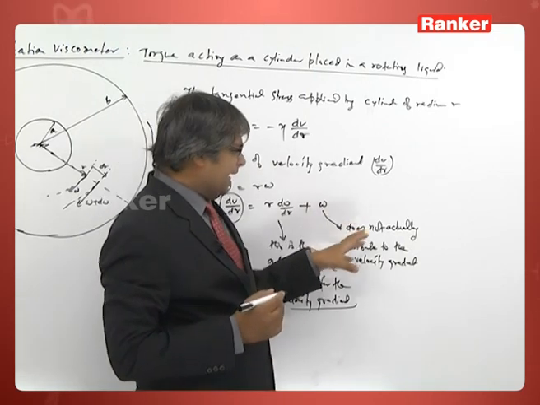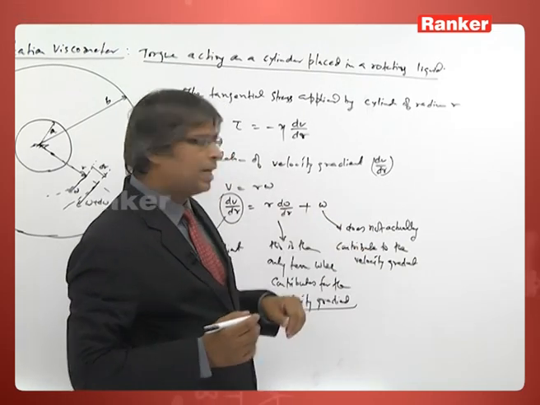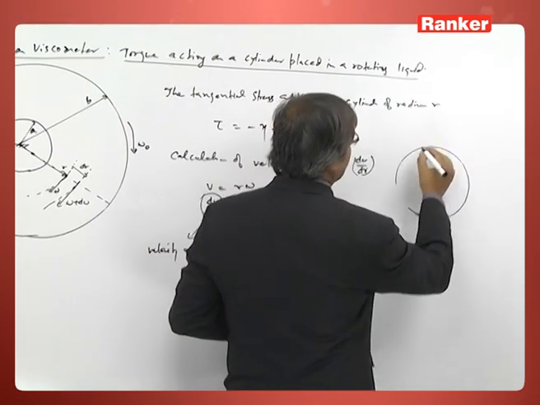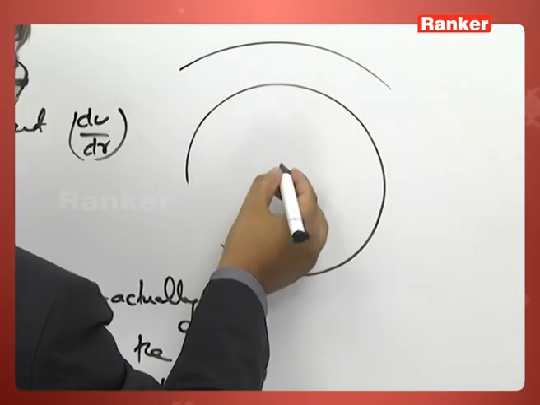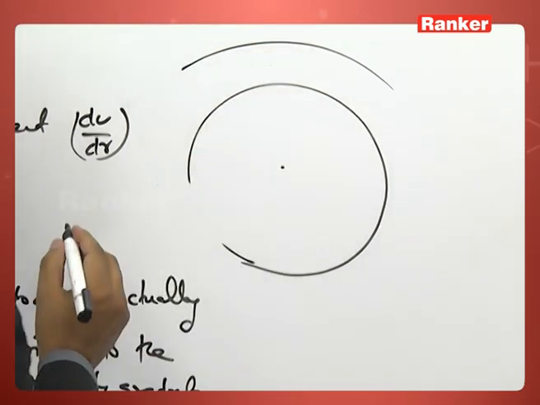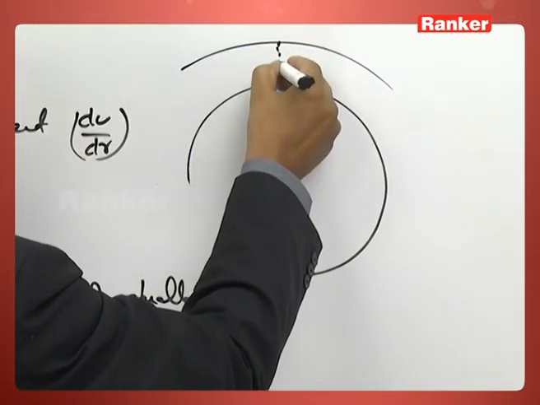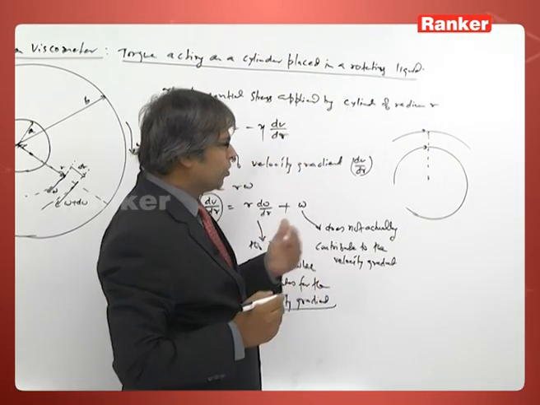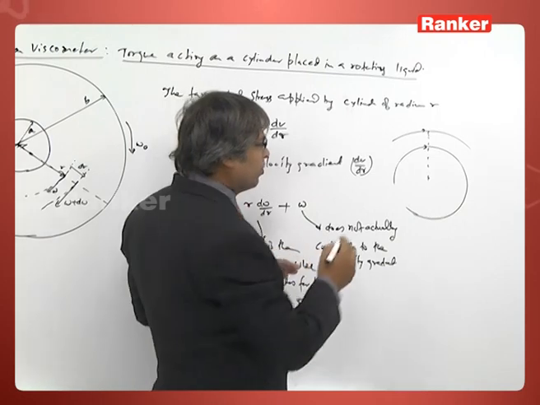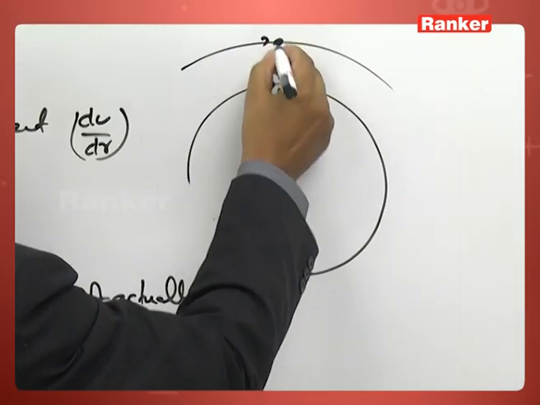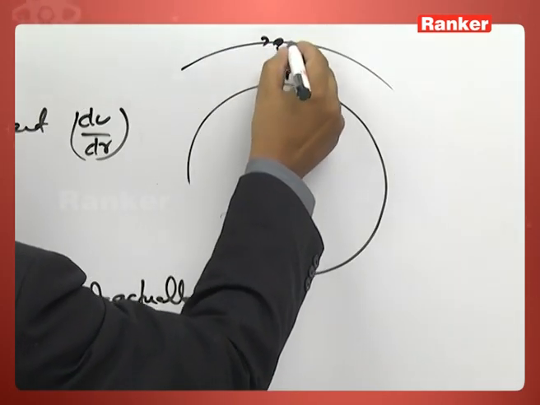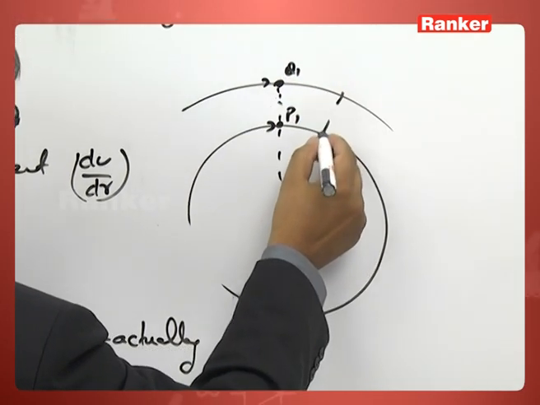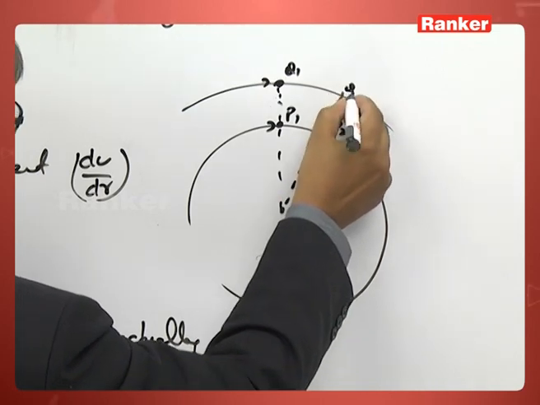Now you see, if we have constant omega, suppose these are different fluid layers, at different r. So they have, suppose, the same omega. So although they have the same omega, at one time one is here, this is the P1 point here, Q1 here, and since they have constant omega, this has a point P2 here, Q2 here.